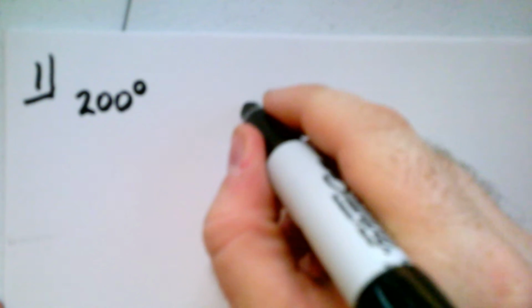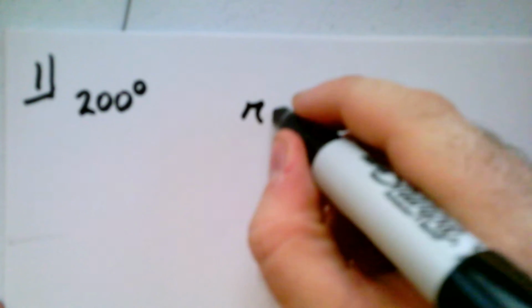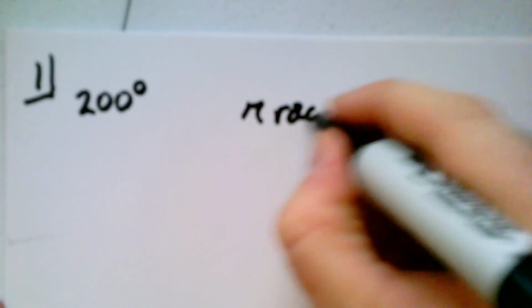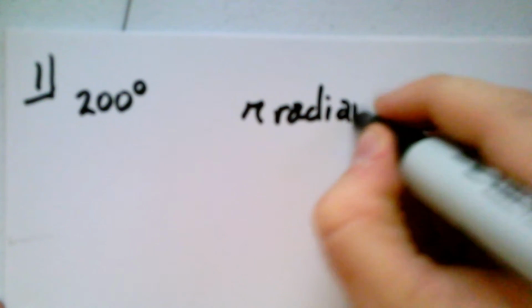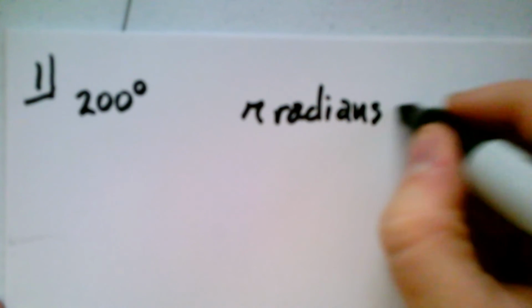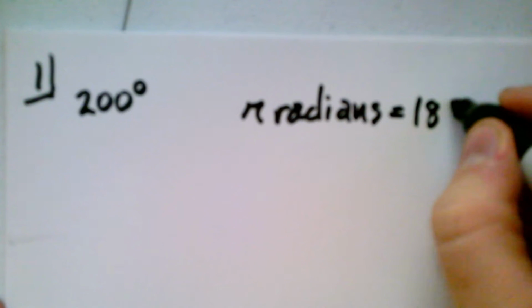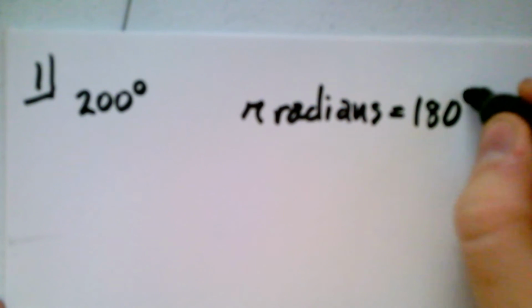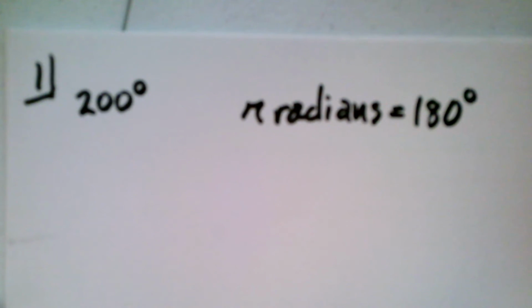We have to remember that when we do our unit conversion from radians to degrees or vice versa, that pi radians is equal to 180 degrees. So that means that pi radians over 180 degrees equals 1, and when you multiply by 1, you don't change the value of whatever your expression is.